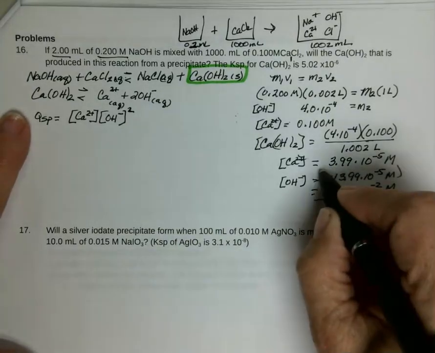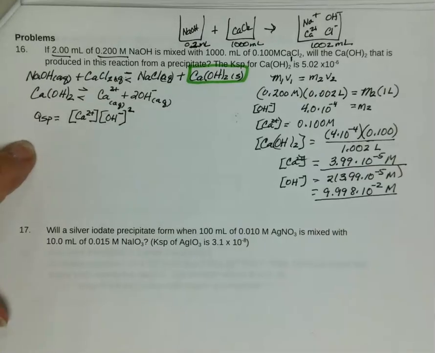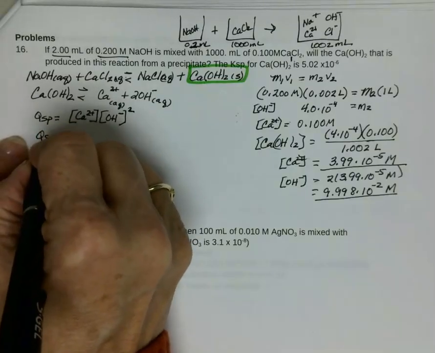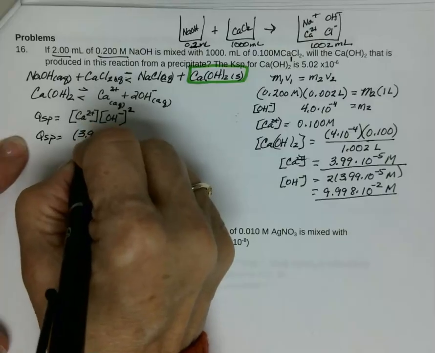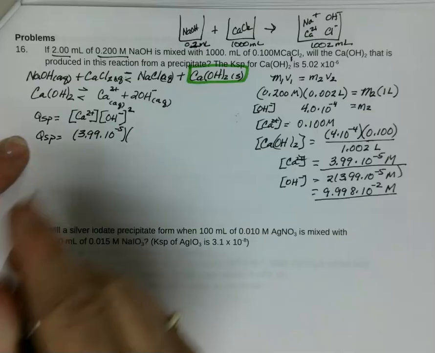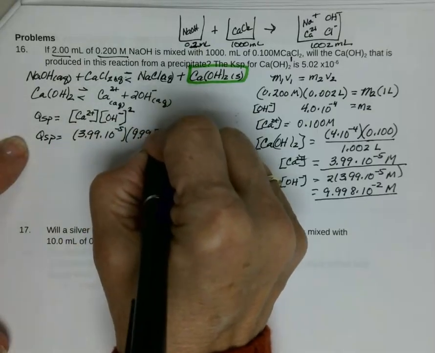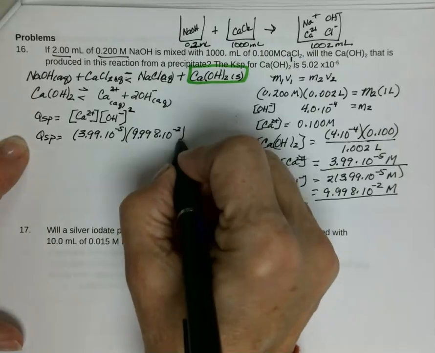So these are my 2 molarities that I need. Now I have the information to put into my QSP. So calcium was 3.99 times 10 to the negative 5. Hydroxide is 9.998 times 10 to the negative 2. And you know what I just noticed on my paper, so we're going to check my math.